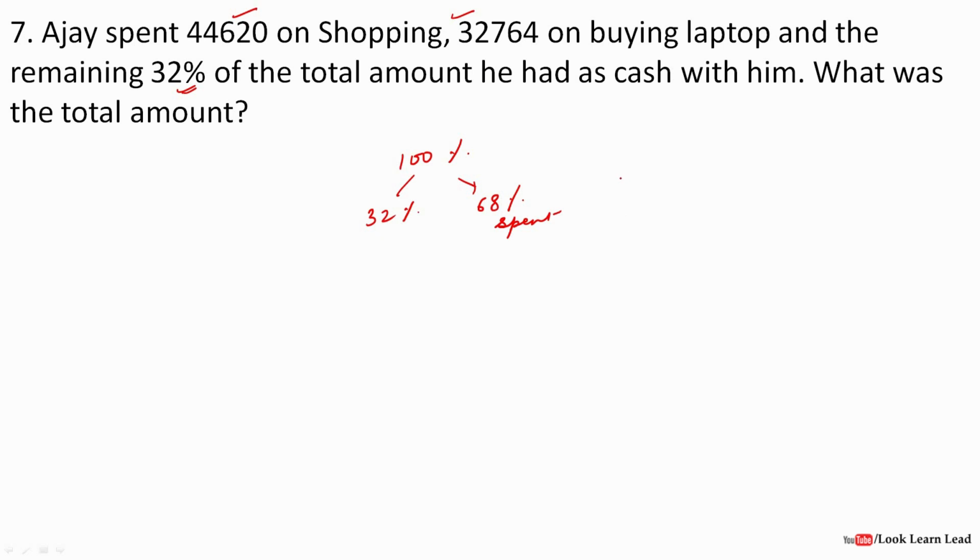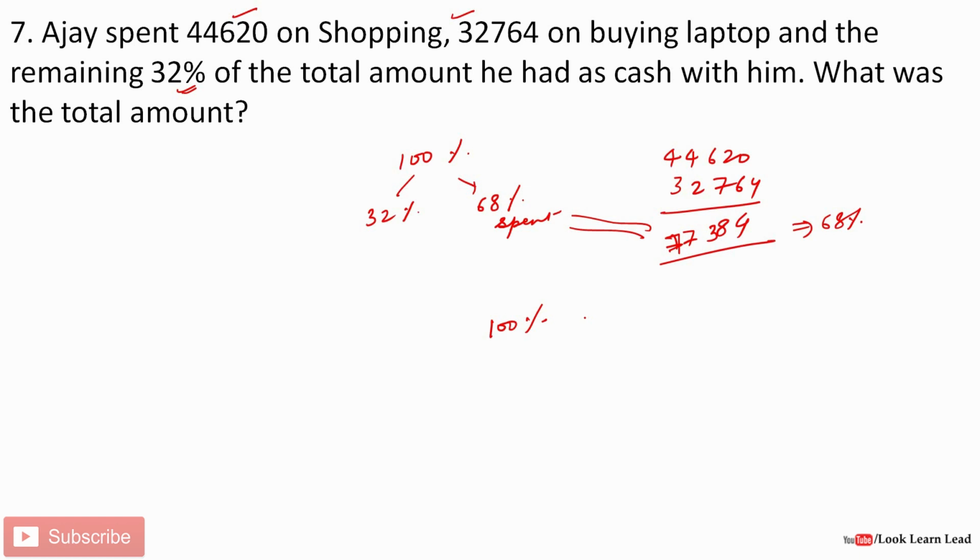So when you add 44,620 and 32,764, you will get 77,384. Now this amount is the amount which is spent. So this is equal to 68%. So this is a shortcut. If this amount is equal to 68%, then 100% would be equal to the total amount.